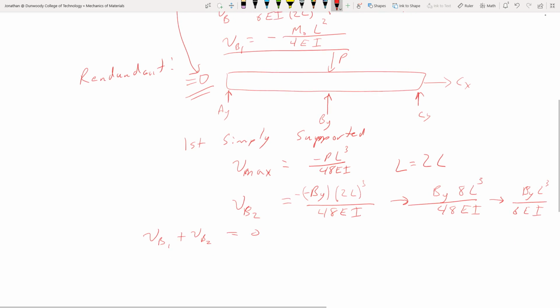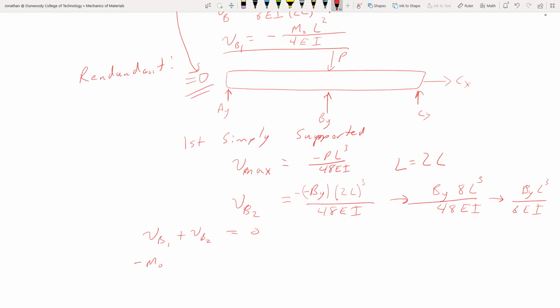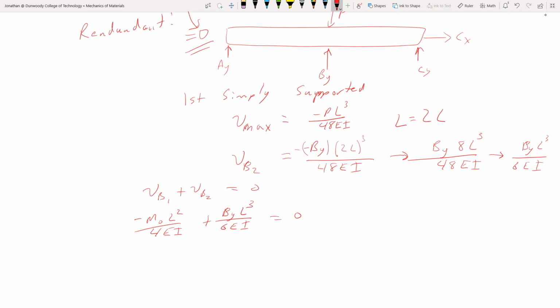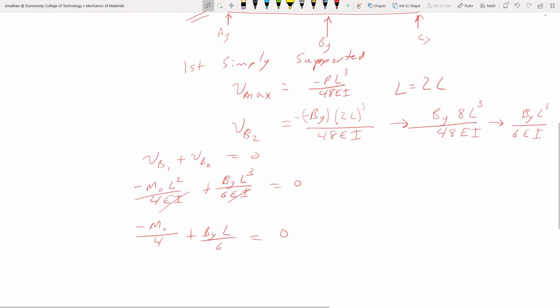So what do I have? I have negative M0 L squared over 4EI plus BY L cubed over 6EI equals 0. So I can multiply by EI on both sides. That gets rid of those. Divide both sides by L squared, so I get negative M0 over 4 plus BY L over 6 is 0.